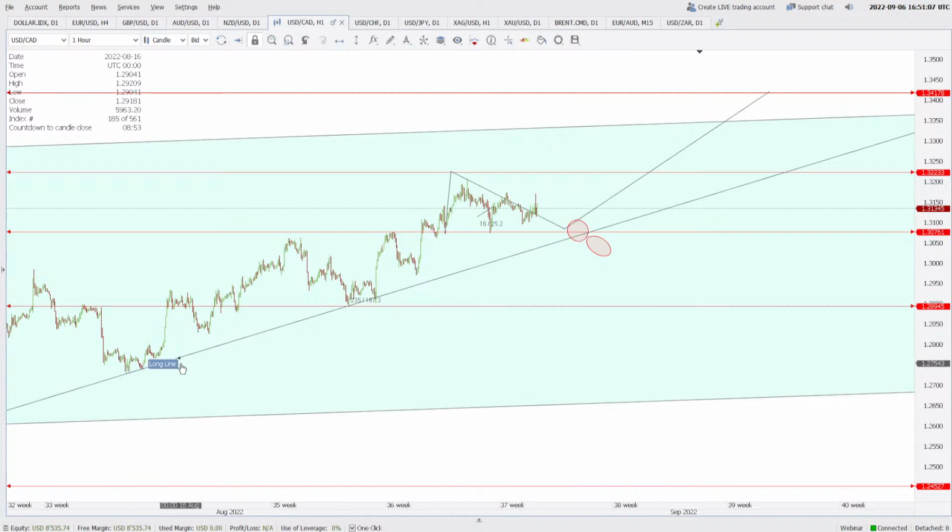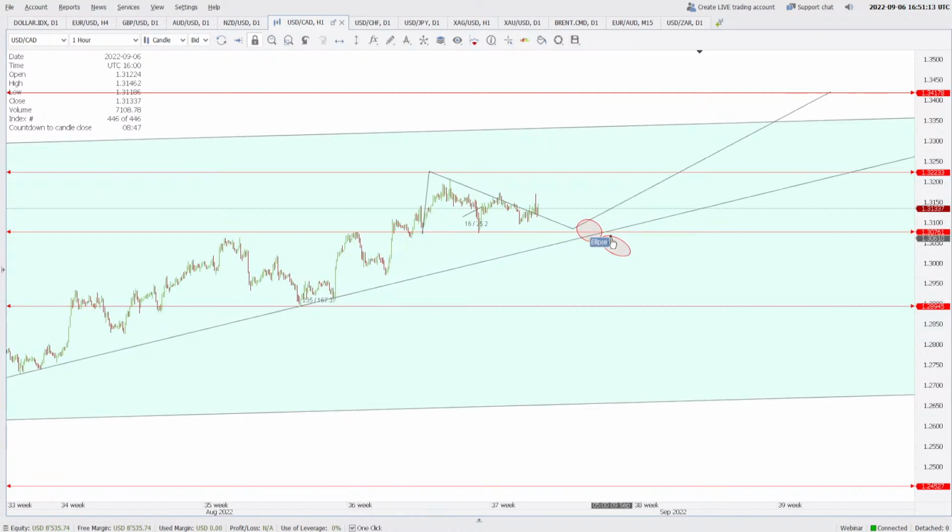And those who are watching this trend line, which is now a value trend line to the uptrend, will also be watching this area. So that means 8th September, 1.3076 area.